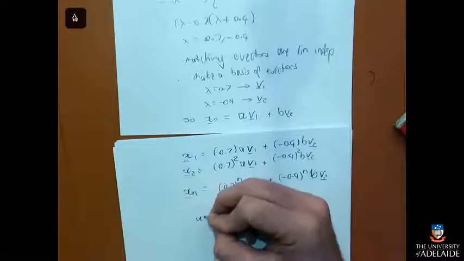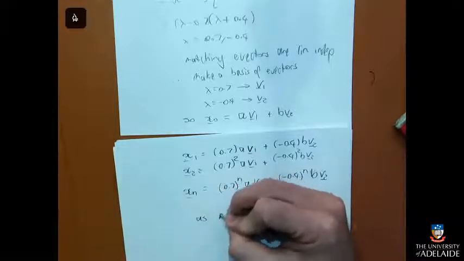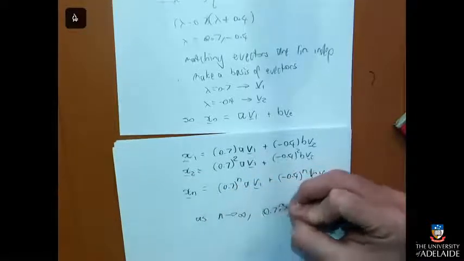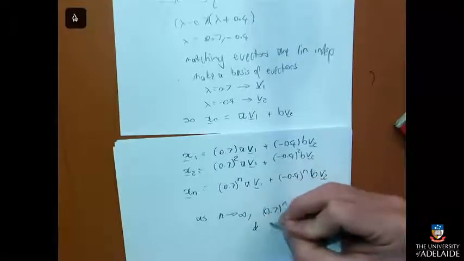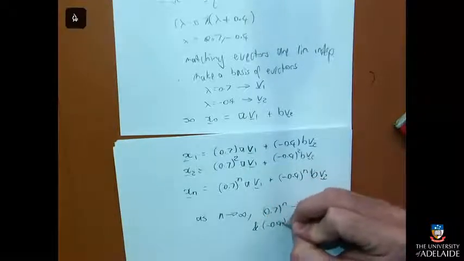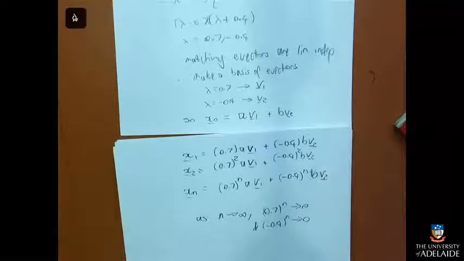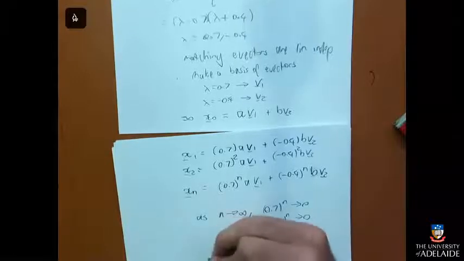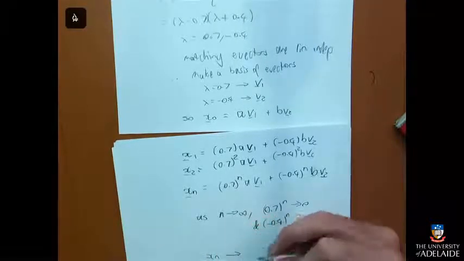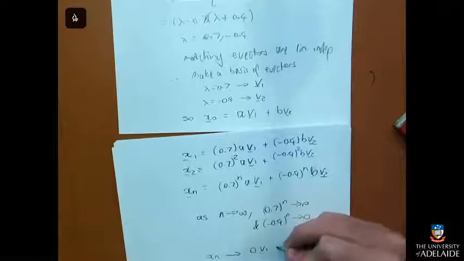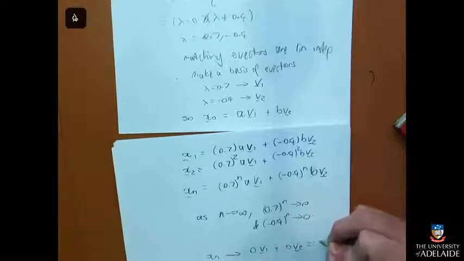So as n gets bigger, 0.7 to the n goes to 0, and minus 0.4 to the n also goes to 0. They're both closer to 0 than 1. And so therefore x to the n will go to 0 V1 plus 0 V2, which is 0.